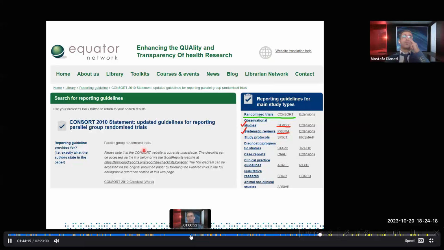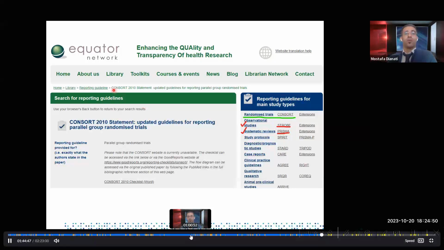As I said, for observational studies, we had a valid and general form to report our findings. Here for clinical trials, we must follow CONSORT. CONSORT 2010, if I'm not mistaken, a new version is also released. Not 100% sure, maybe you can also check.